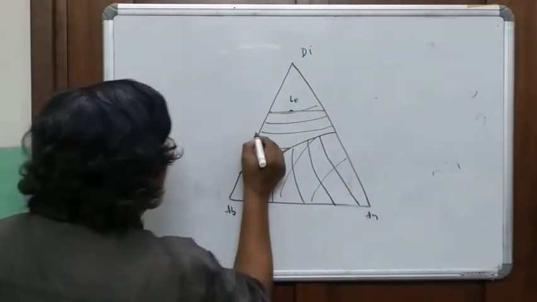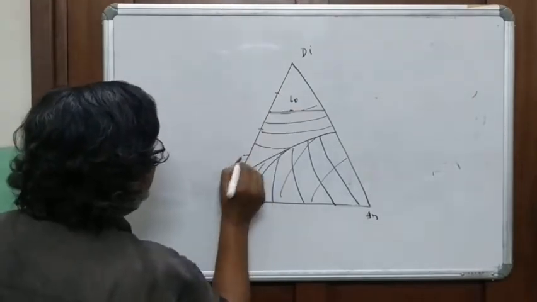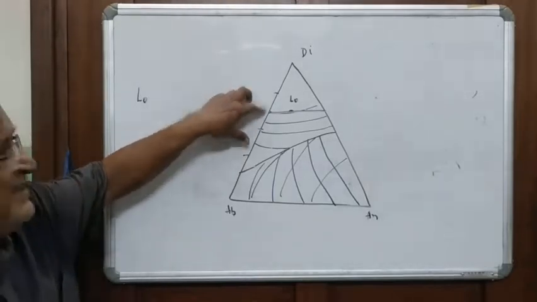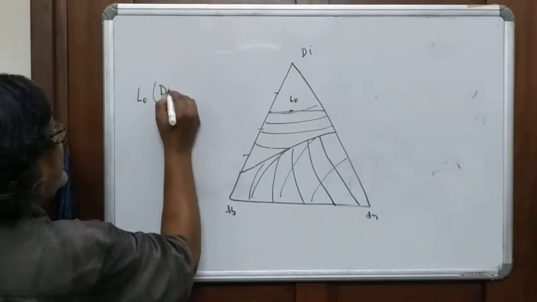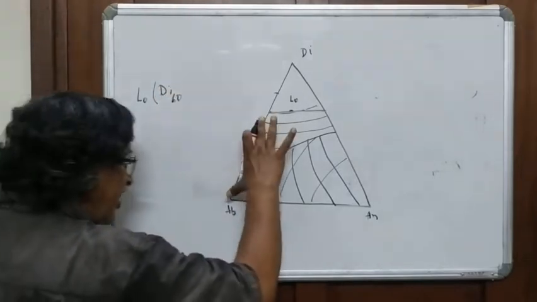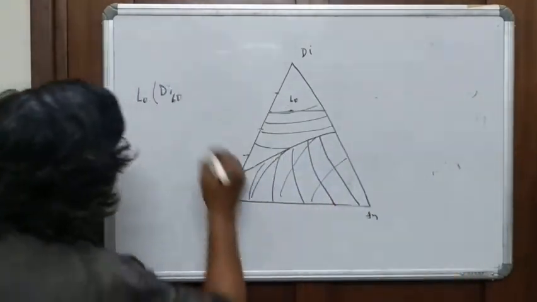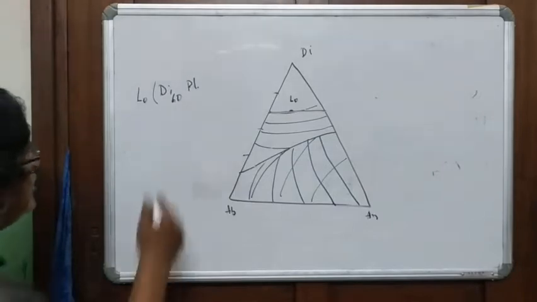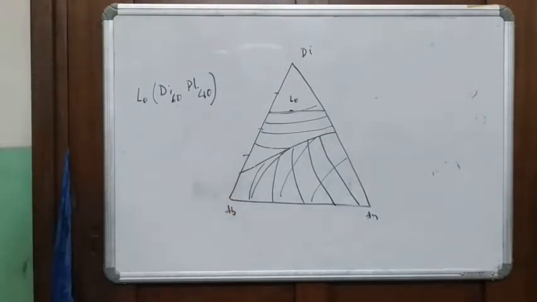So let's say if we draw here 50, 75, 25, this may be roughly about, let's say 60. So this is diopside 60. Diopside is 60. What remains is plagioclase, because that's the only other thing. So plagioclase is 40. The total is made up to 100.